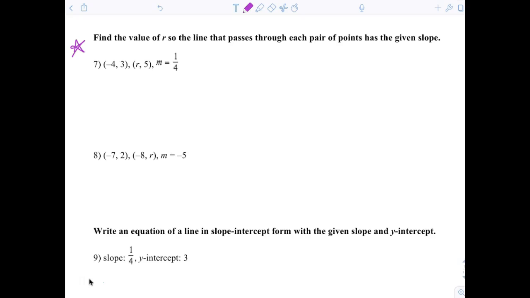I want the slope, which would be 5 minus 3 over r plus 4. That slope is equal to 1/4. Now, what's 5 minus 3? So now I have 2 over r plus 4 equals 1/4.